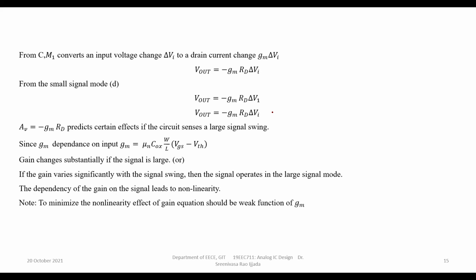This is called non-linear. How to minimize the non-linearity? Whenever your gain is not constant, that's called non-linear. If it varies with the input signal, maybe you cannot get a straight line.